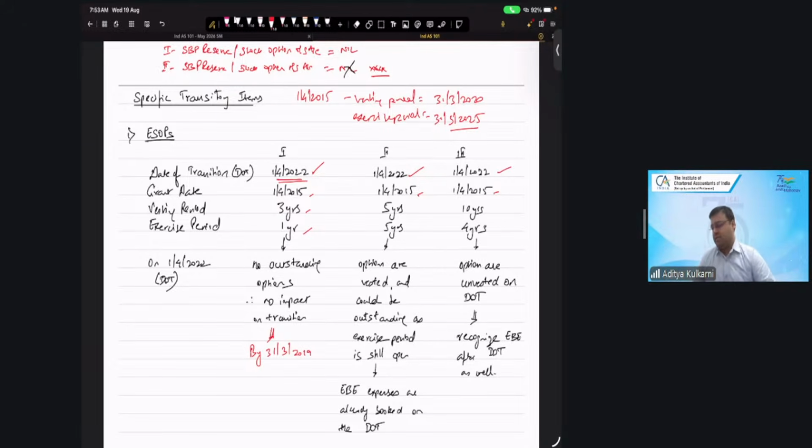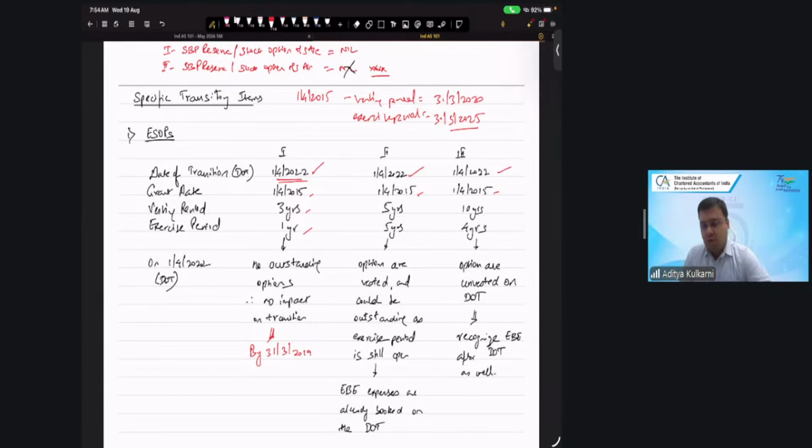Coming to the third case. On the date of transition, 1st April 22, grant date 1st April 15, vesting period 10 years, exercise period 4 years. What is the third case?